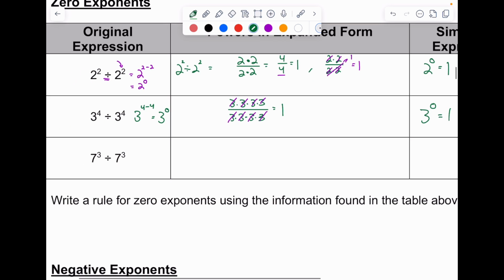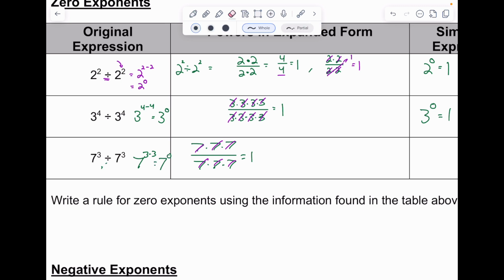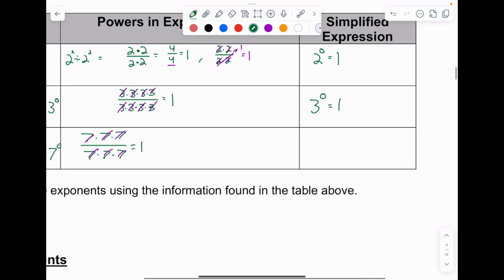The same thing would happen here with 7 times 7 times 7 over 7 times 7 times 7. We have the same thing top and bottom, so all of these cross off, and we get 1. This is like saying 7 to the 3, take away 3, you get 7 to the 0. Mathematically, using our quotient rule, we can show that 7 to the 0 also equals 1.